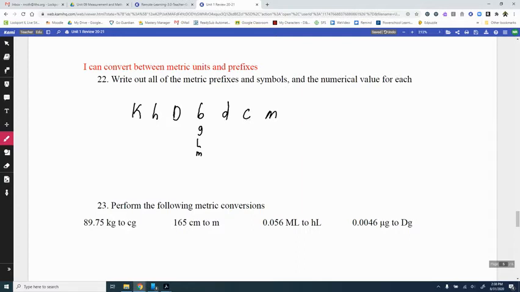Now there is also micro and nano, and on this side, there's mega. All of the ones in the middle are one place value away from each other, but micro, nano, and mega are all 3 places away from the next thing. So going from milli to micro, we move 1, 2, 3 places. From micro to nano, 1, 2, 3 places. From kilo to mega, 1, 2, 3 places.